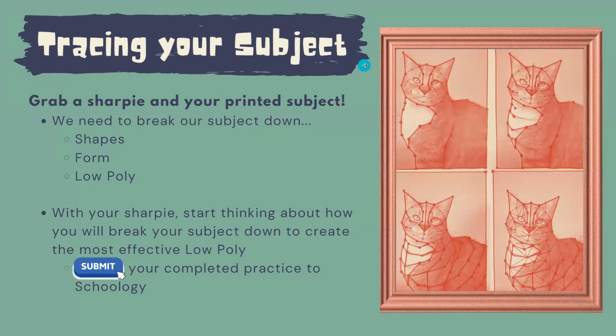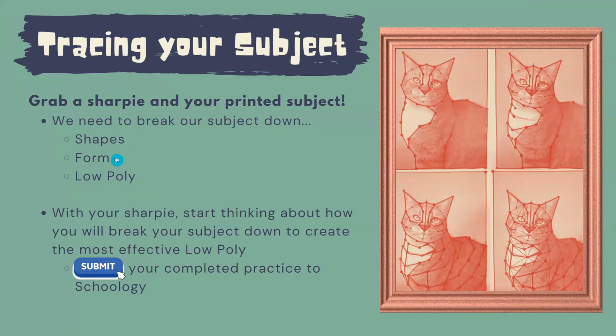When we get ready to do the demo together, you are thinking about tracing your subject in a couple of steps here. So go ahead and grab a Sharpie and then get your subject printed, or you can do it after this video. What we need to do is break our subject down into some steps. We're going to look at breaking it down into shapes, into its form, and then into low poly. That way we're not just slapping triangles on there.